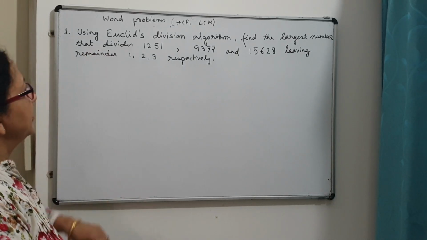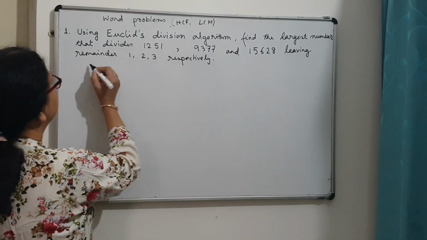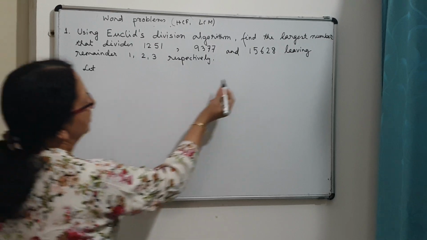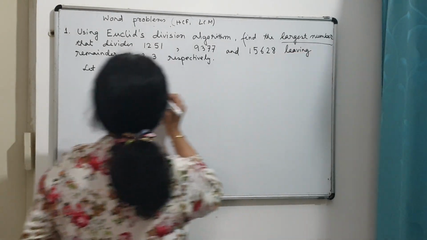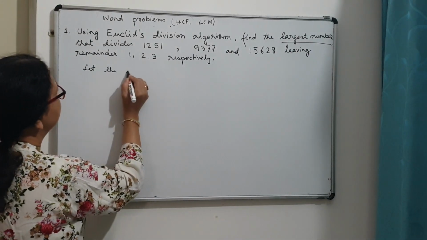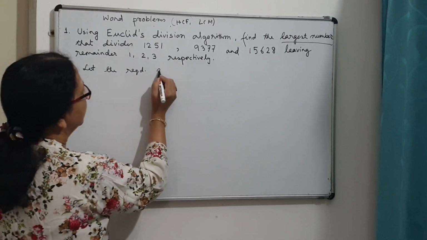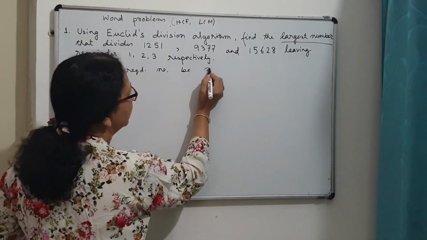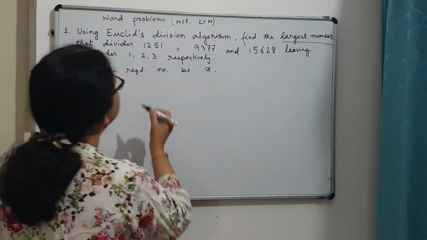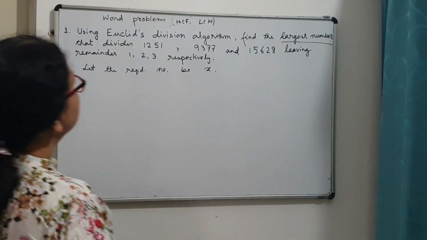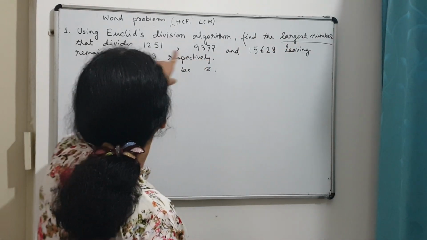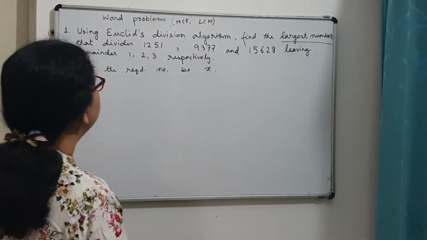So same thing here. Let the required number be x. We take it this way. That means, using Euclid's division algorithm, we have to find the largest number that divides these three.